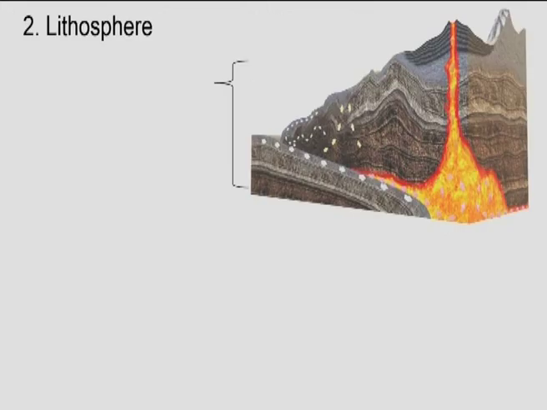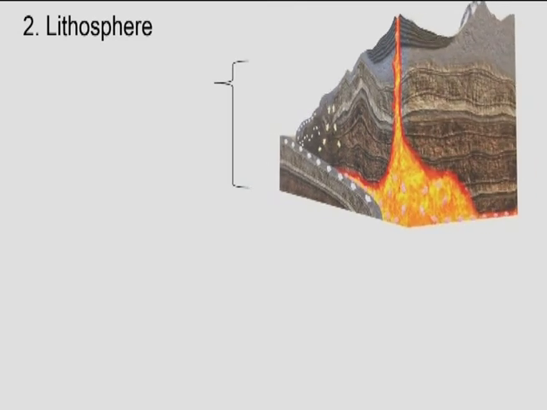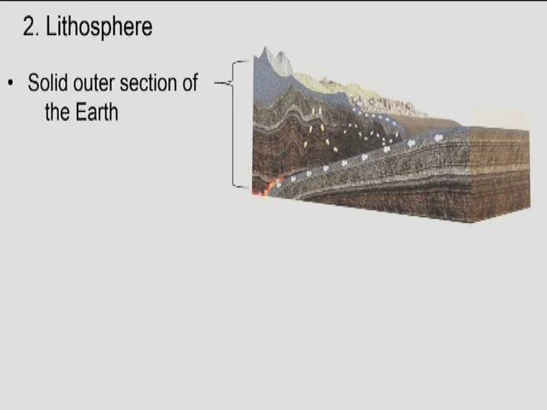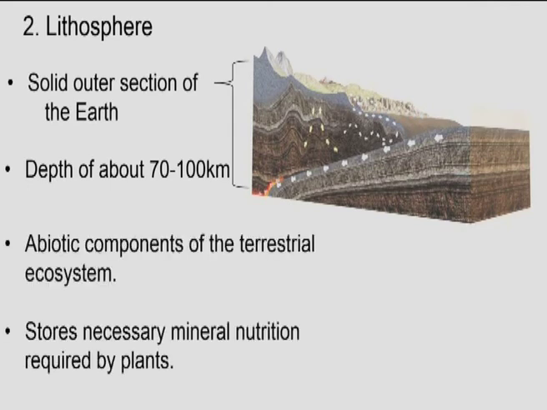The third one is the lithosphere. As you know, the lithosphere is the outermost solid layer of the earth. Right now we are all standing or sitting on the surface of the earth, on the lithosphere. The lithosphere can range from 70 to 100 kilometers in depth below the earth's surface, and it is the major component of the terrestrial ecosystem.